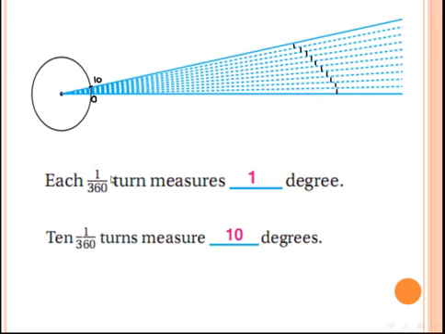Look, one part over 360 measures 1 degree, and 10 parts measure 10 degrees.